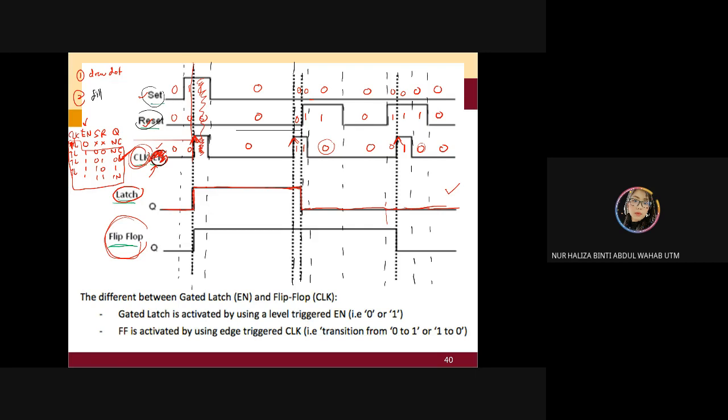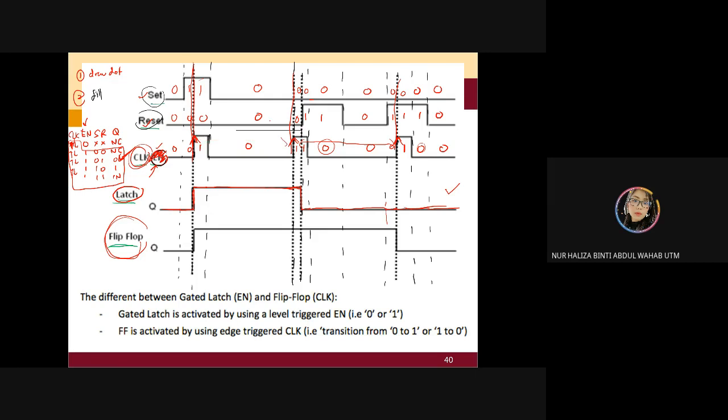Just now for your latches, you look at all this area if it is at 1. But for the flip-flop, you just look at this specific line, this specific line, this specific line. The rest in between, you ignore.